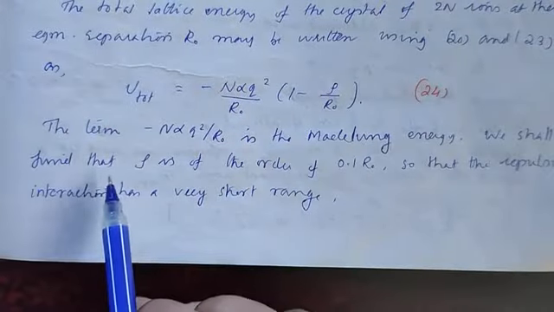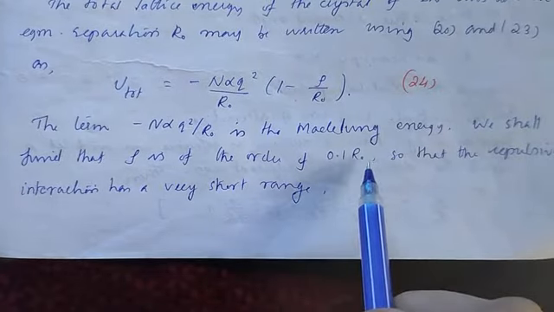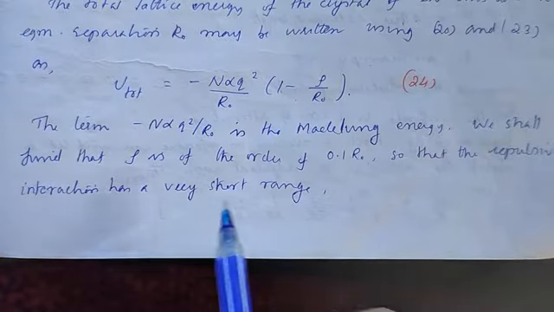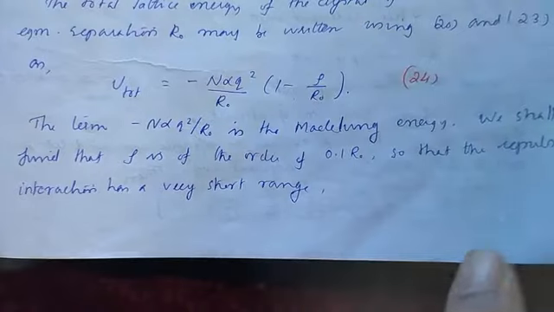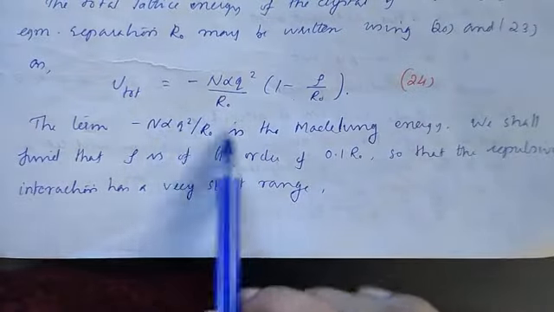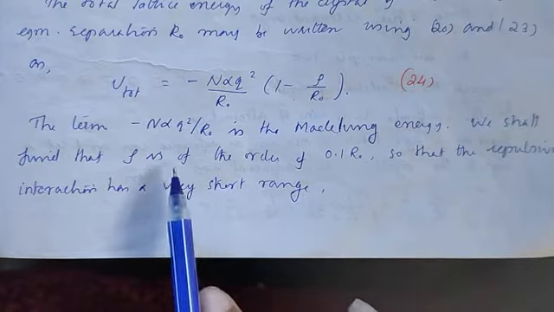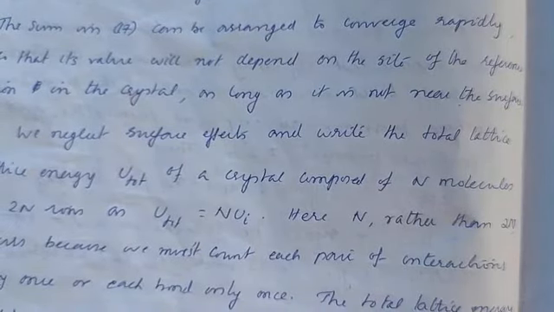We shall find that rho is of the order of 0.1 R0, so that the repulsive interaction has a very short range.